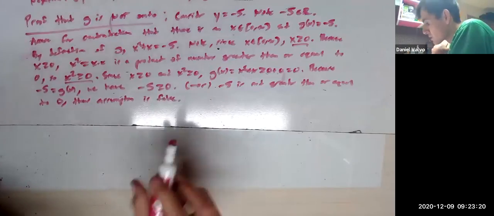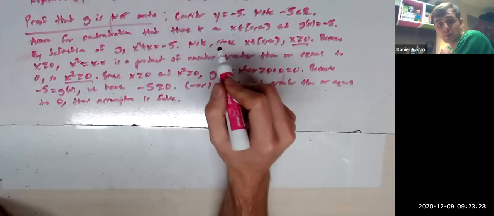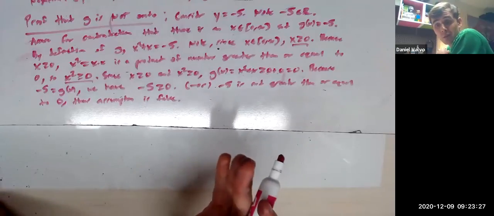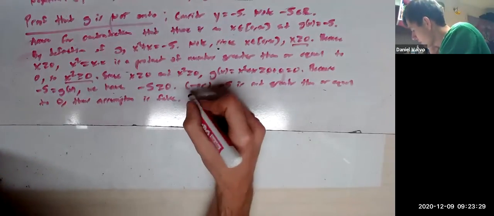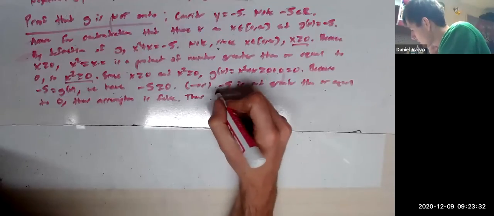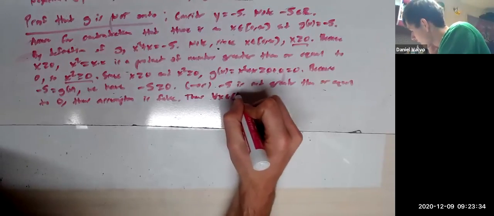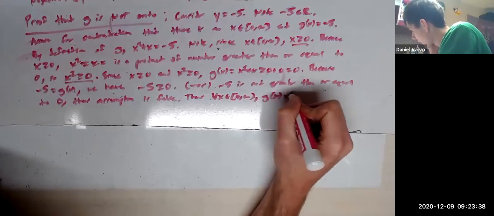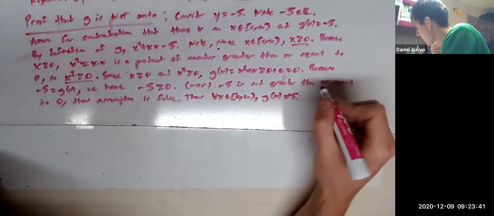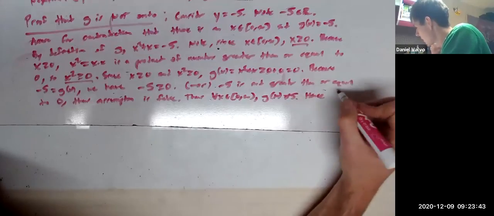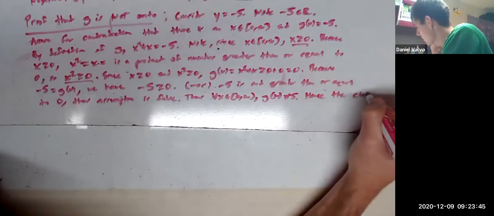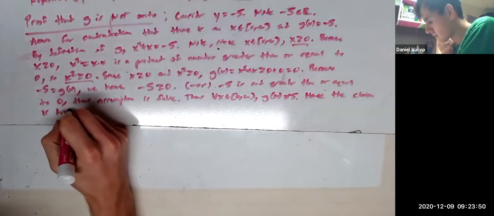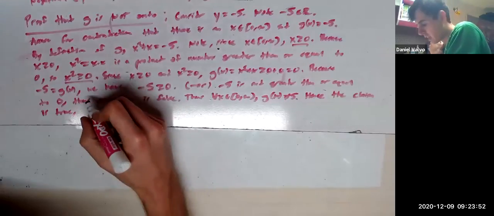And our assumption was that there exists an x you could plug in to get -5. If that assumption is false, that means for all x you plug in, you won't get -5. Thus, for all x in [0, infinity), g of x does not equal -5. Hence, the claim is true.